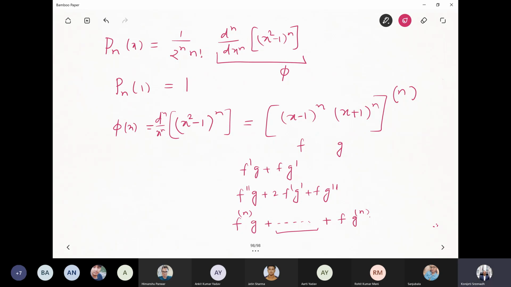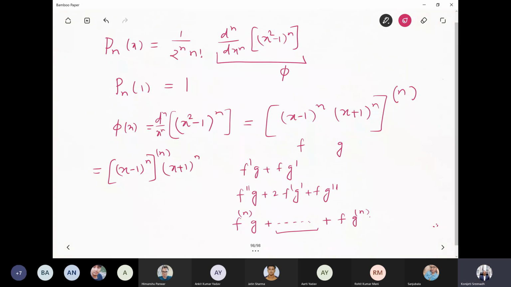So if I see this for this particular function, that is going to be equal to the nth derivative of (x minus 1) power n, times (x plus 1) power n.